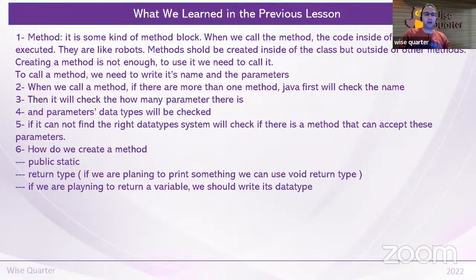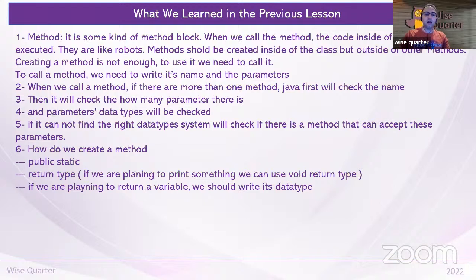Let me explain what I meant here. For example, you created a method and it is calculating the sum of two numbers. If that's the case, the method should return the result instead of printing, and you will use that sum somewhere else, and you are trying to assign that sum to another variable.